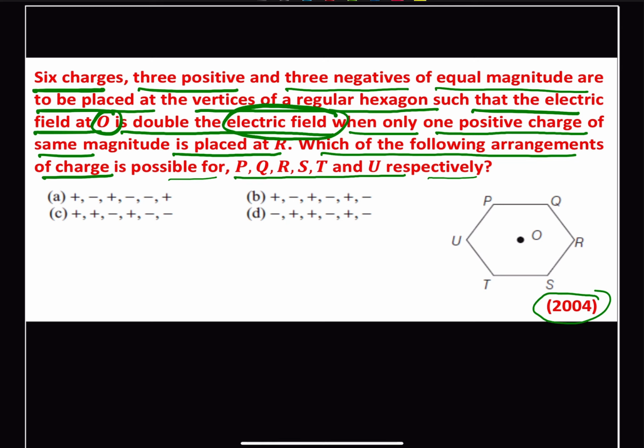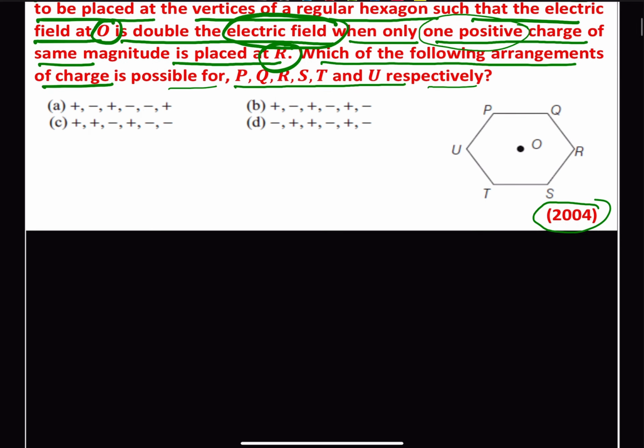And the condition for double is the positive charge is placed at R. And we are given the basic figure, and it wants that our R should be having a positive charge, so this will be P, Q, R, S, T and U. Okay.